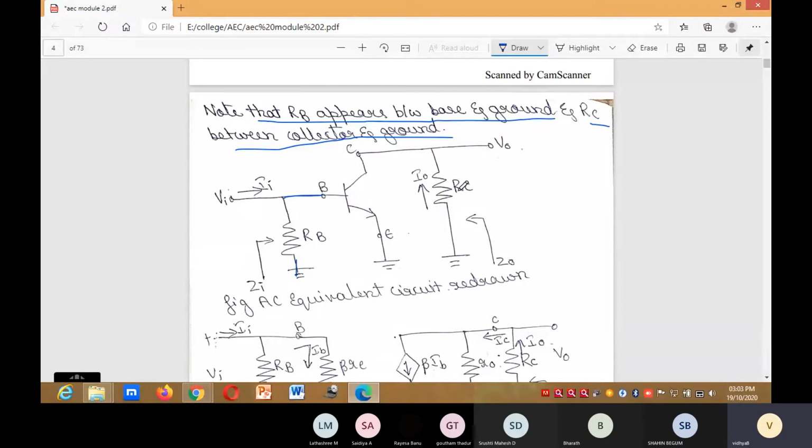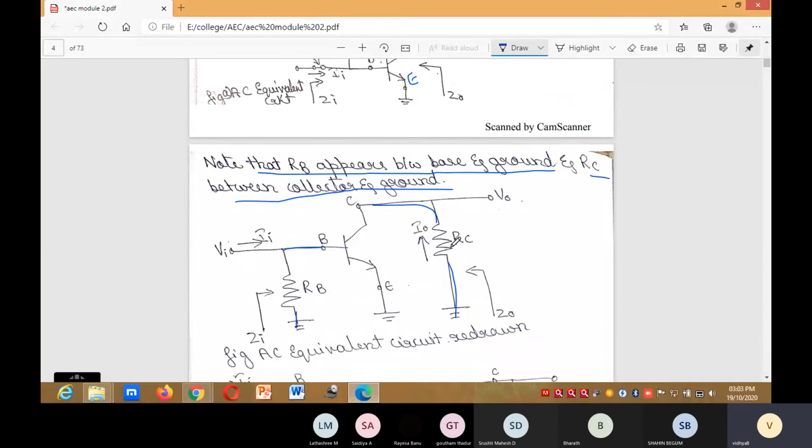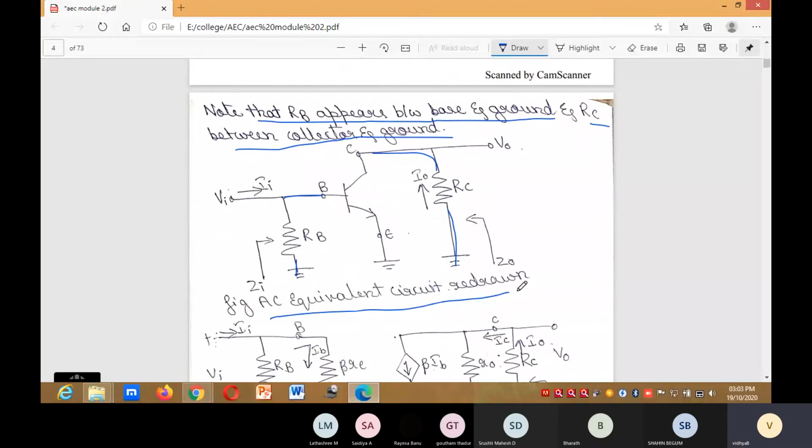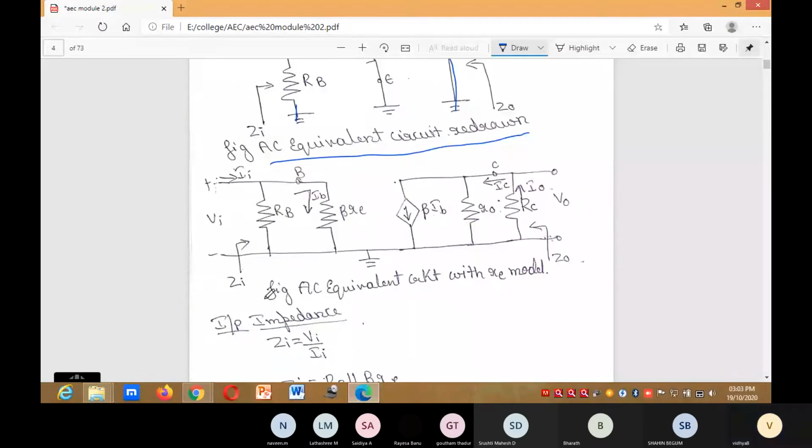Same for resistance RC: one end is connected to the collector and one end is connected to ground. Next, this is the AC equivalent circuit we drew. Next, the figure: AC equivalent circuit with re model.